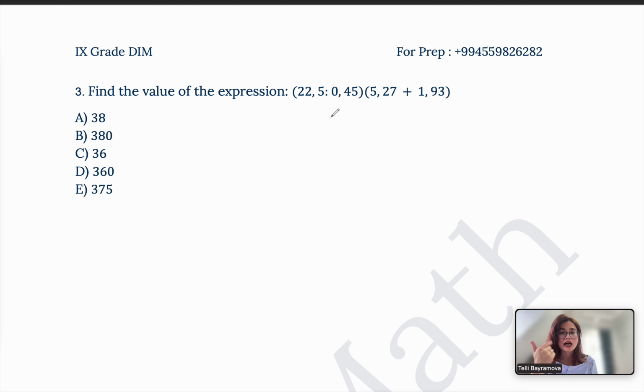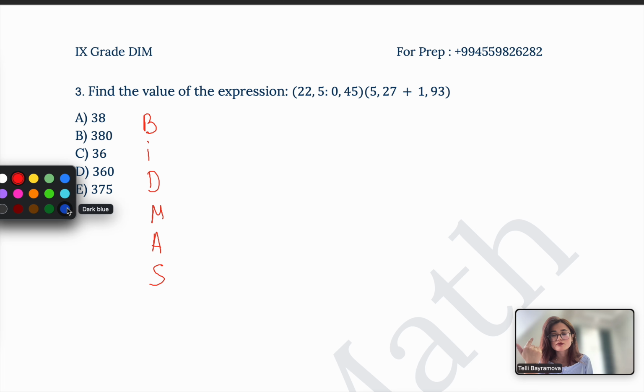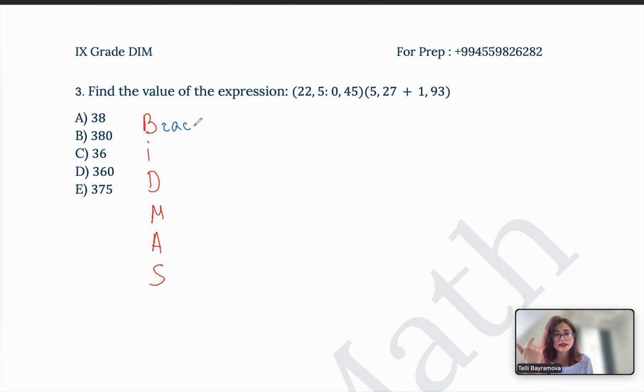Well, guys, first of all, I just want to revise BIDMAS. If you see, first of all, brackets, you have to solve them, right? After that, indices, which means powers, if there is a to the power of n or something.